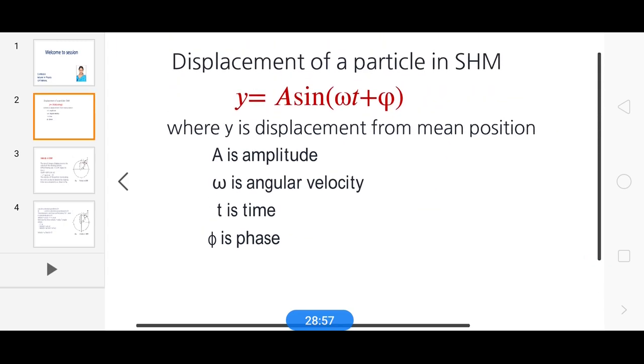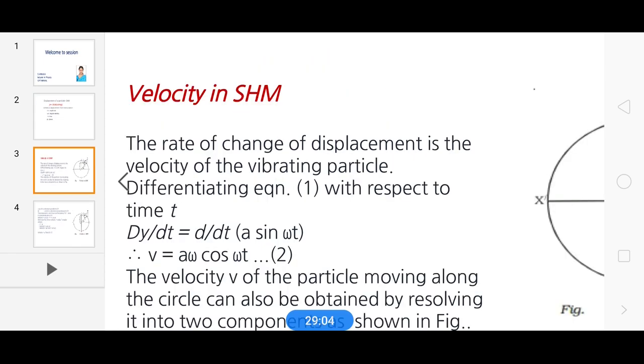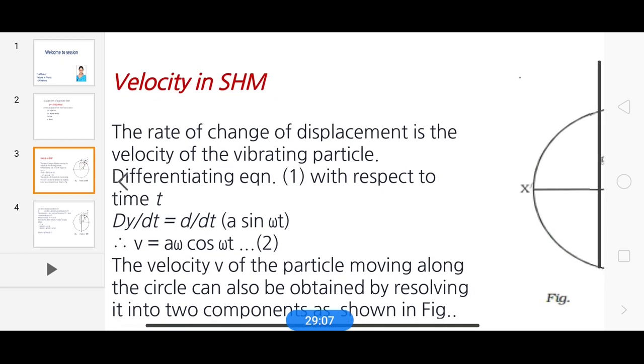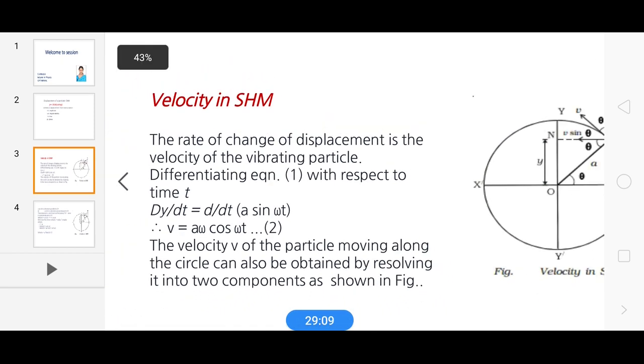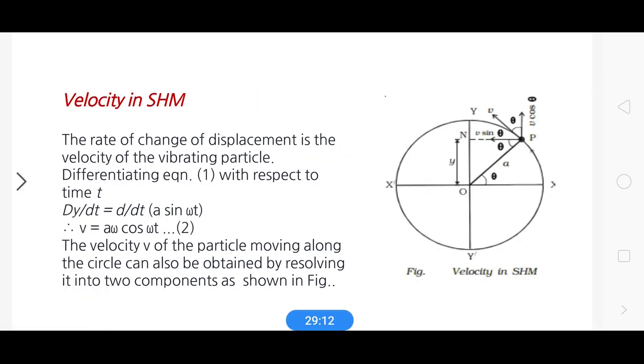We know that the displacement of the particle is y is equal to a sin(omega t plus phi). The velocity of the particle in SHM is obtained by simply differentiating the displacement expression with respect to time. So y is equal to a sin omega t. The rate of change of displacement is the velocity, so dy by dt is the velocity.